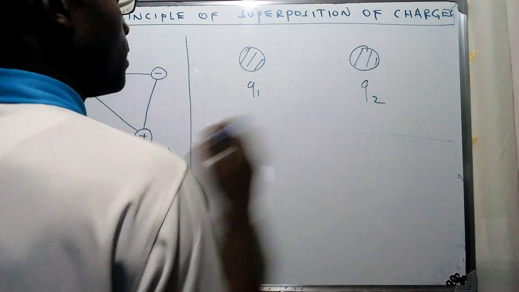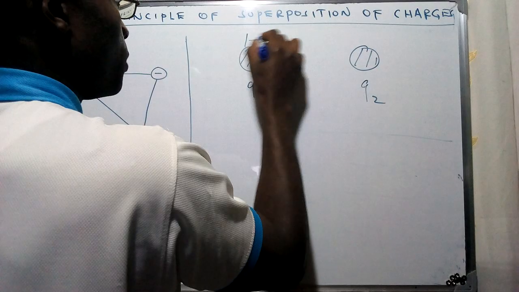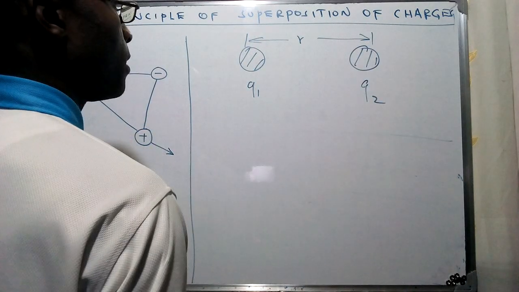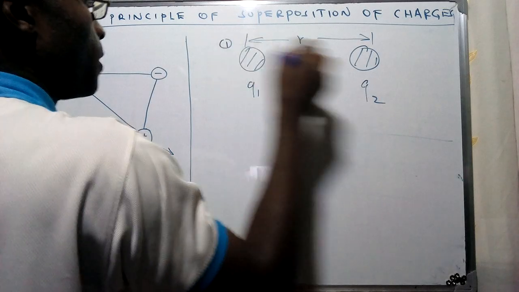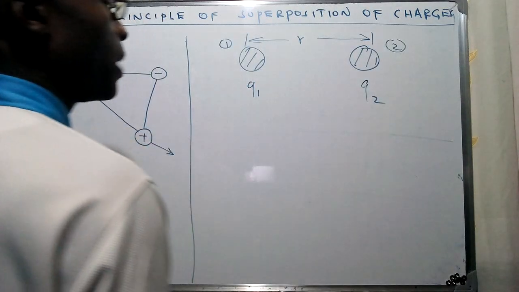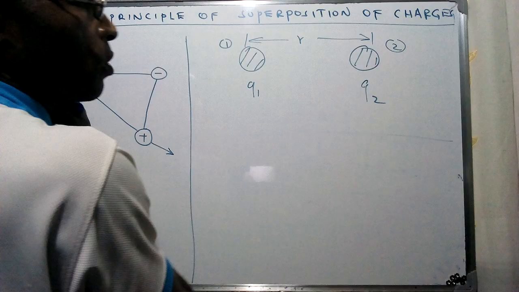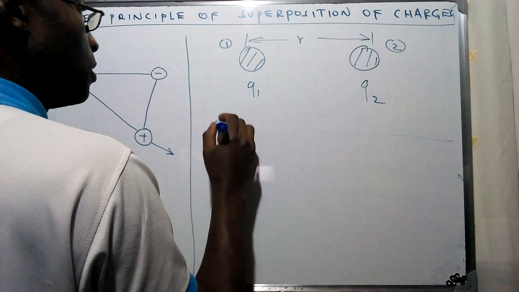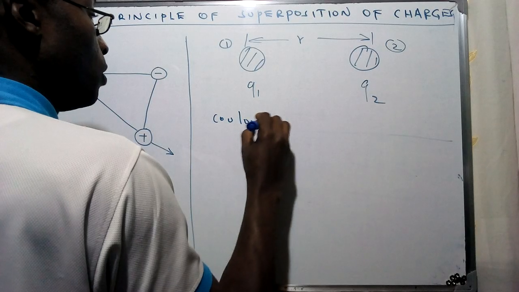And of course, we had said that the distance of separation between the two charges can be given in terms of R. And we said that considering these two charges, the first one and the second one, we can establish the force of attraction or repulsion between the two specific charges using what we refer to as Coulomb's law.